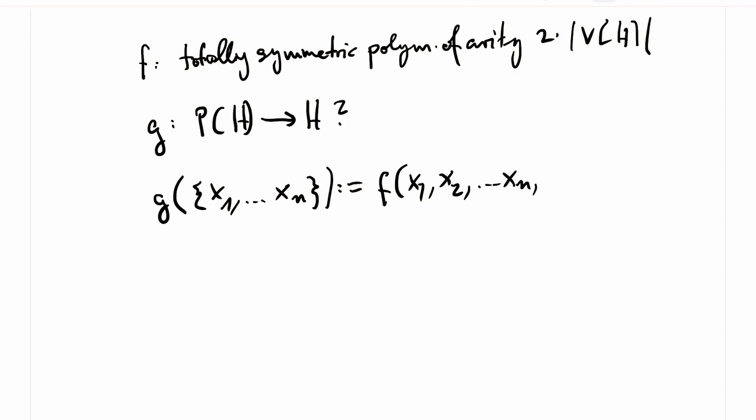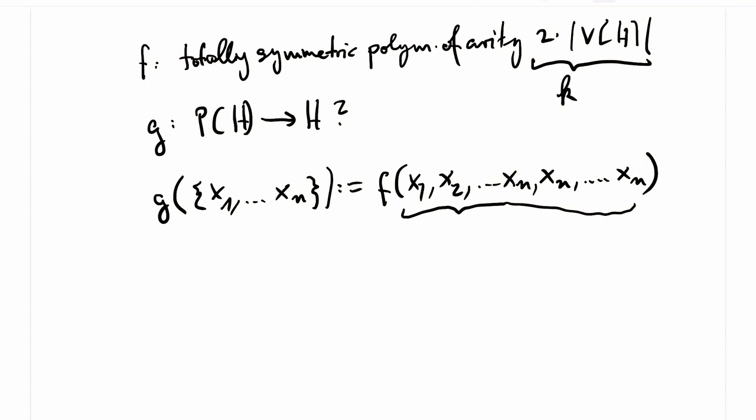And then, if I have not yet reached the arity of k, I repeat the last argument. Any argument, I pick the last one many times until I have reached the right arity k. Let's call k the number 2 times number of vertices of H. I repeat until I have reached arity k, so that I can apply f.